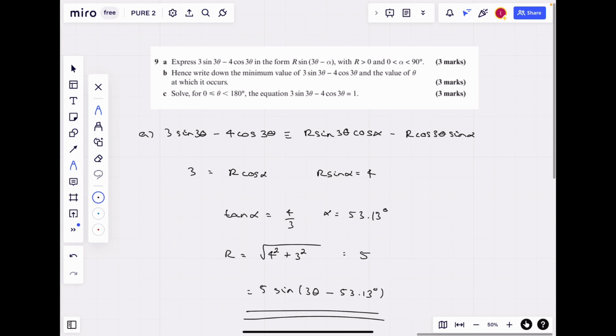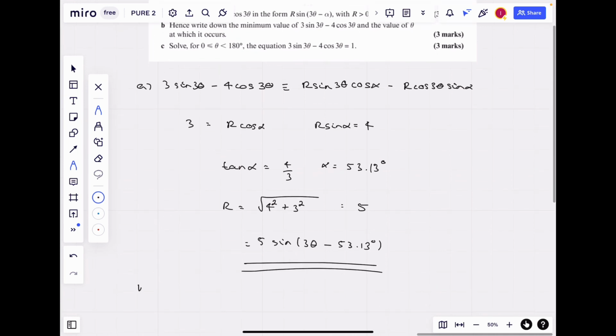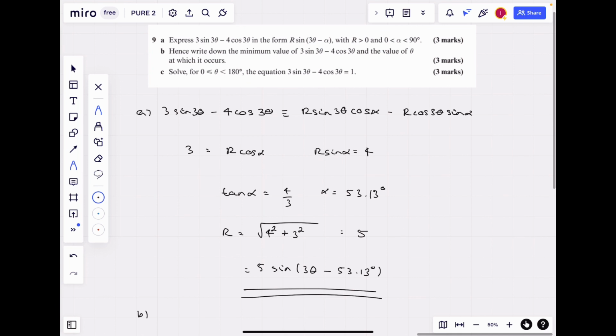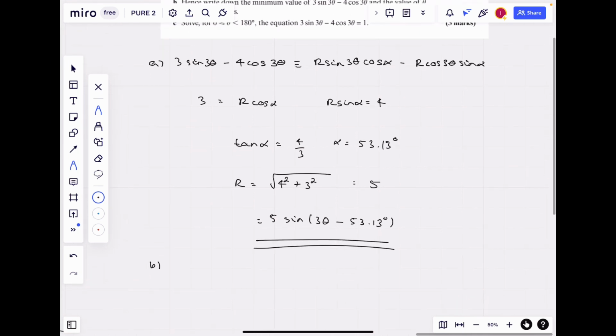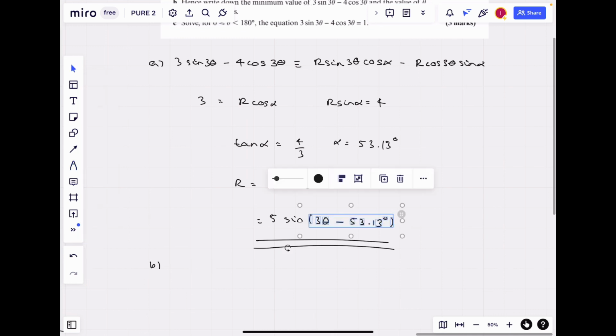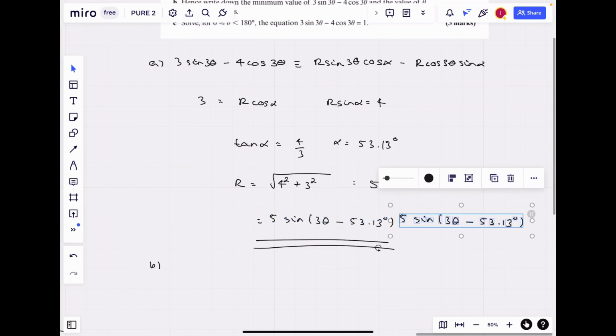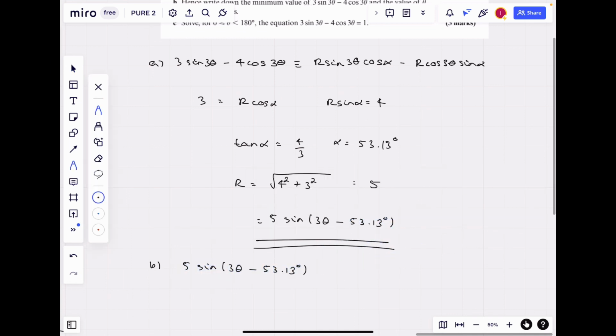Part B, the minimum value. The minimum value of this is when, let's take this actually, your bracket, 3 theta minus 53.13 degrees, the sine.